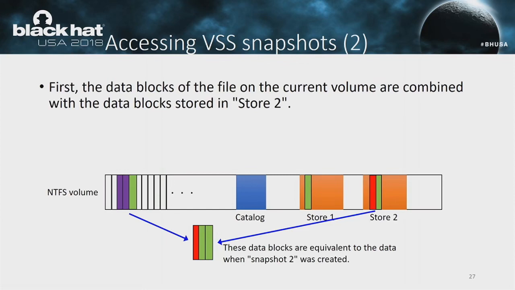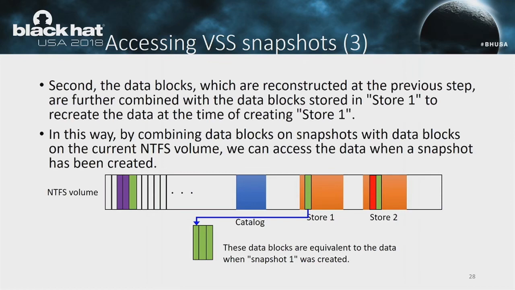First, the data blocks of the file on the current volume are combined with the data blocks stored in store 2. As a result, we can get this content.